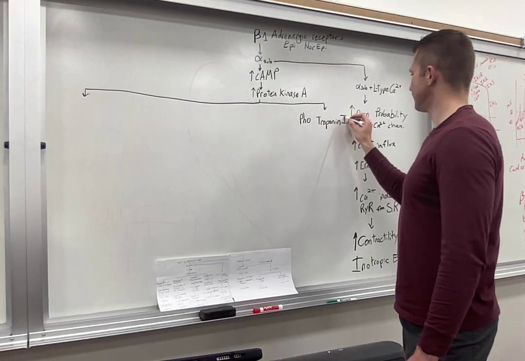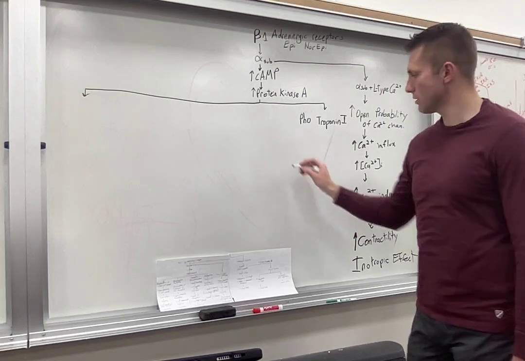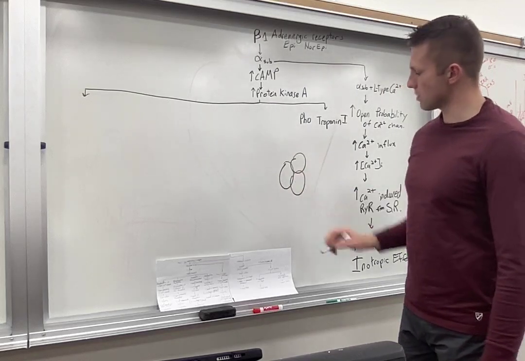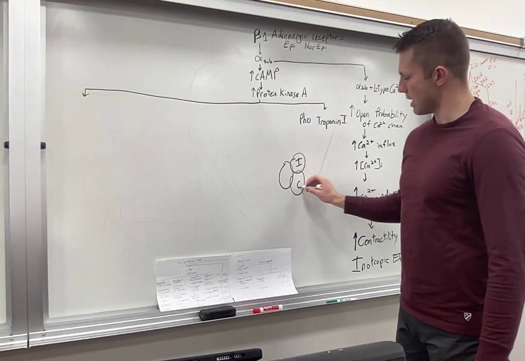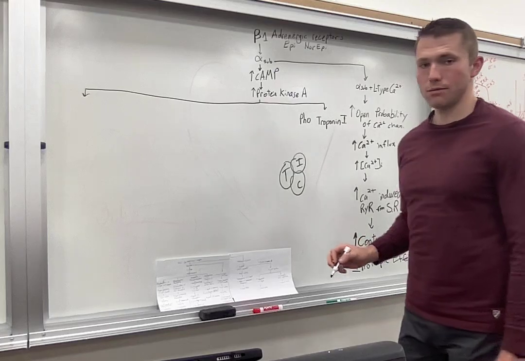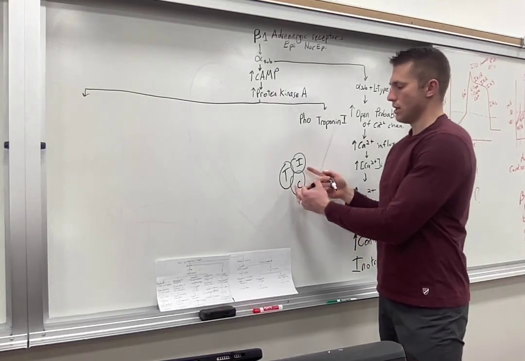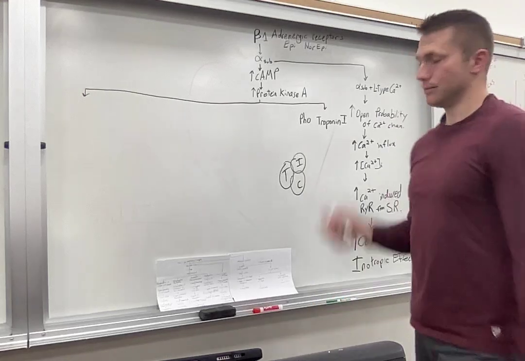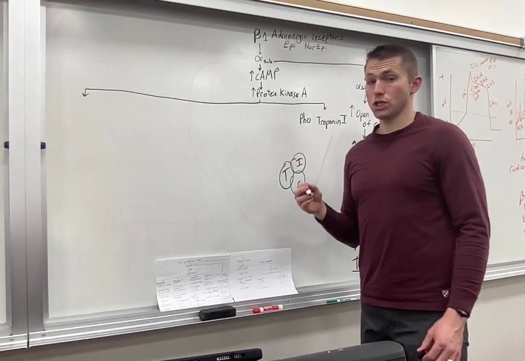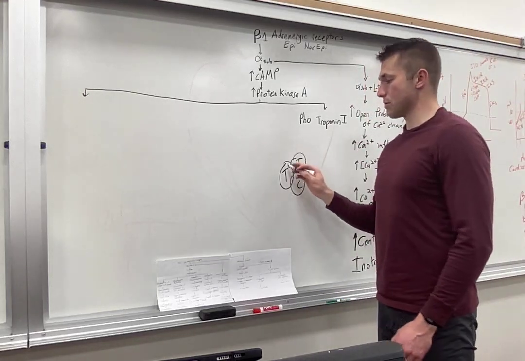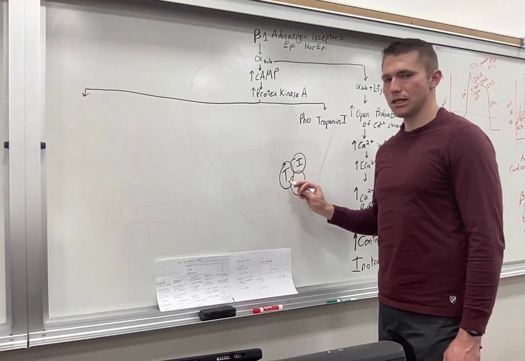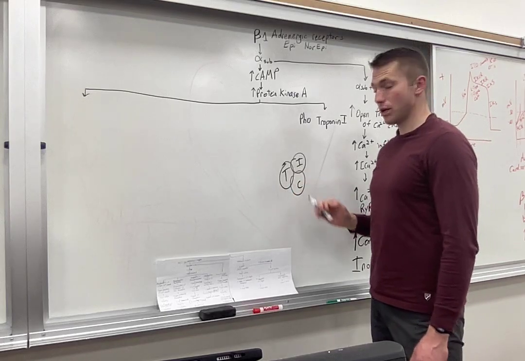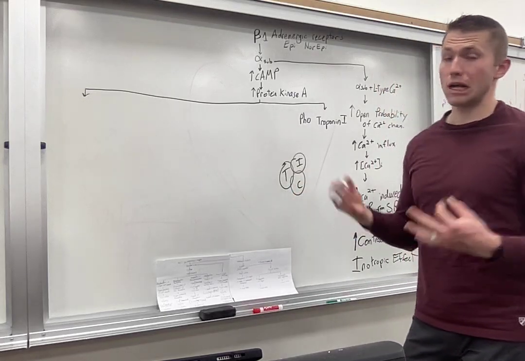Now, quick review. Mickey Mouse, troponin, we have an I subunit, a C subunit, and a T subunit. Troponin, the I subunit binds to actin, which it also binds to tropomyosin, and this C subunit is exposed to calcium.